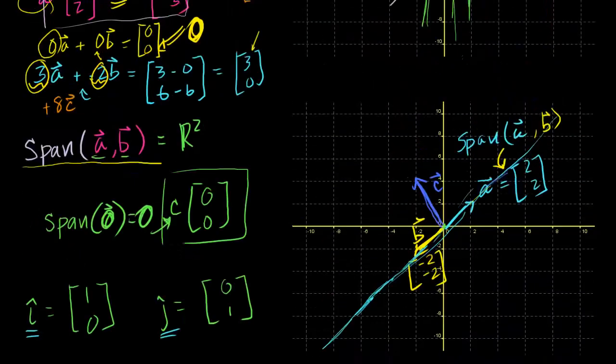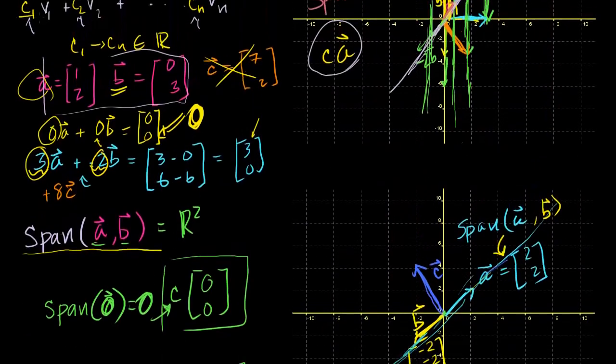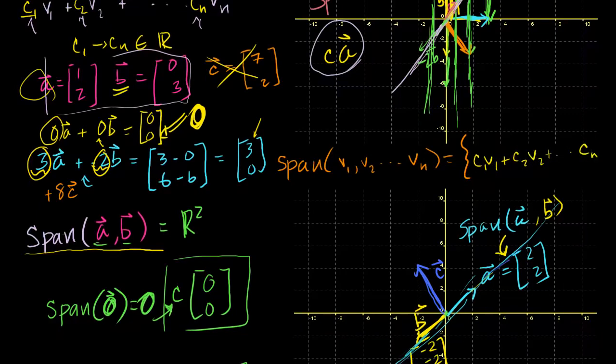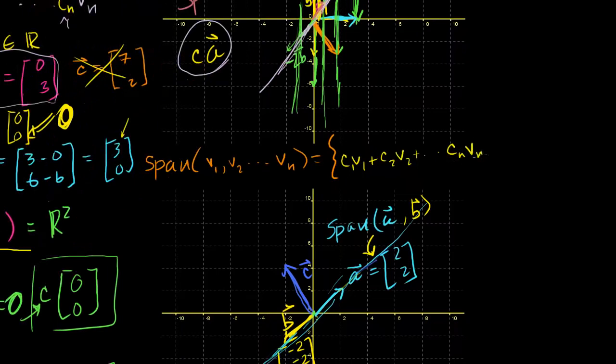But let me just write the formal mathy definition of span, just so you're satisfied. If I were to write the span of a set of vectors v1, v2, all the way to vn, that just means the set of all of the vectors where I have c1 times v1 plus c2 times v2, all the way to cn times vn.